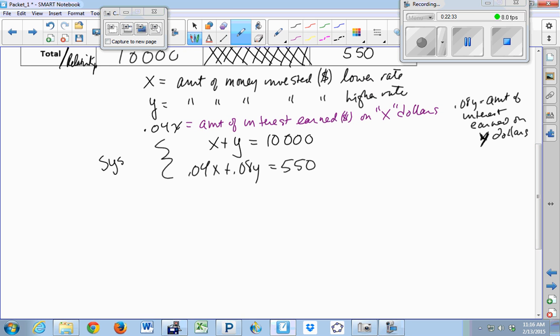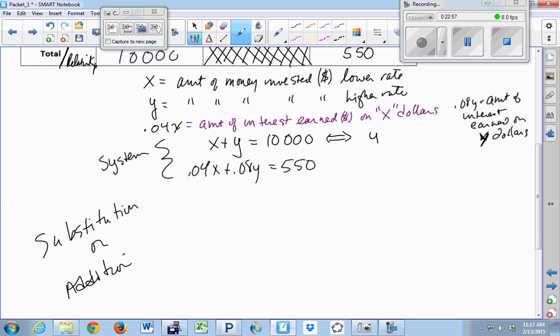And now to solve this problem, I use either substitution or I use addition. So let's just take a look at substitution. If you look at this first equation, does it set itself up really nicely for a substitution? Yeah, and if you solve for y here, look what happens.